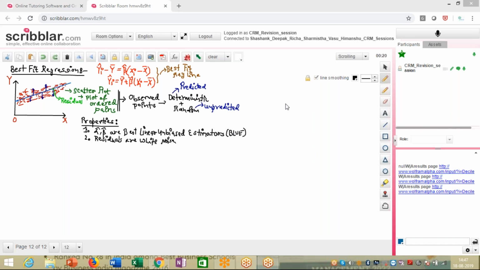Because if the residuals are not white noise, if there's a pattern in there, it means that some component which could have been predicted has not been incorporated into the model. Hence, some variation remains unexplained, and that model ceases to be the best fit model. Now, in a best fit model, the error term has to be white noise.